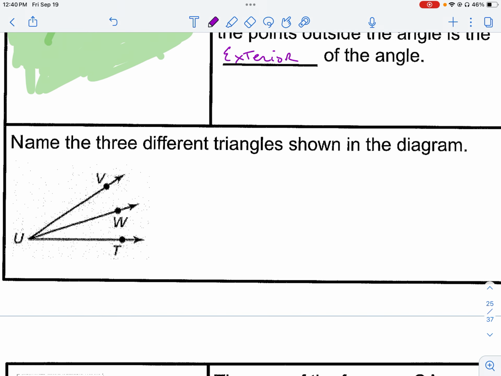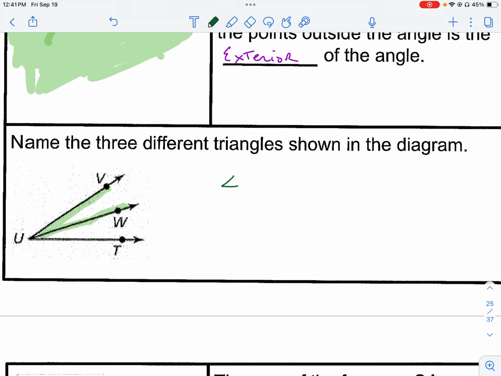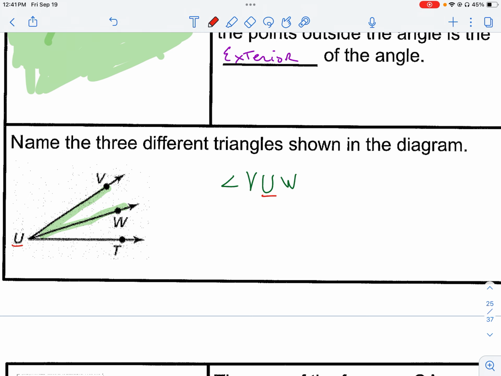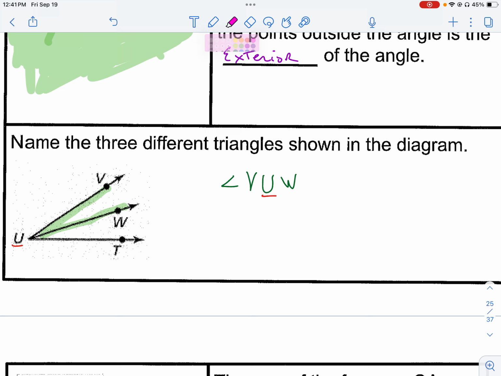So let's go through and look at naming the three different angles shown in our diagram. The first one, let's just do this little guy right here. That's angle, and we need the angle sign, because remember, if we have three points, that also means a plane, so we need to know what we're talking about. So it's angle VUW, with W in the middle, because that's the way we do it.